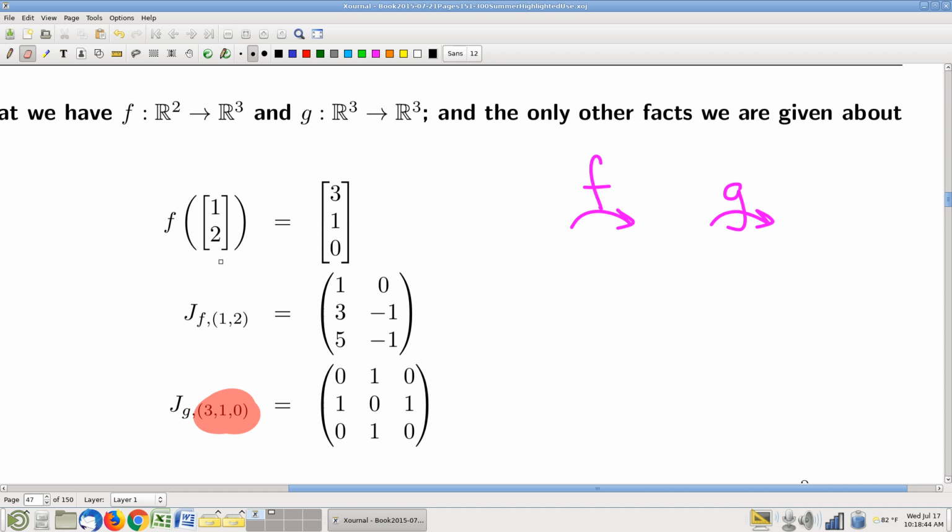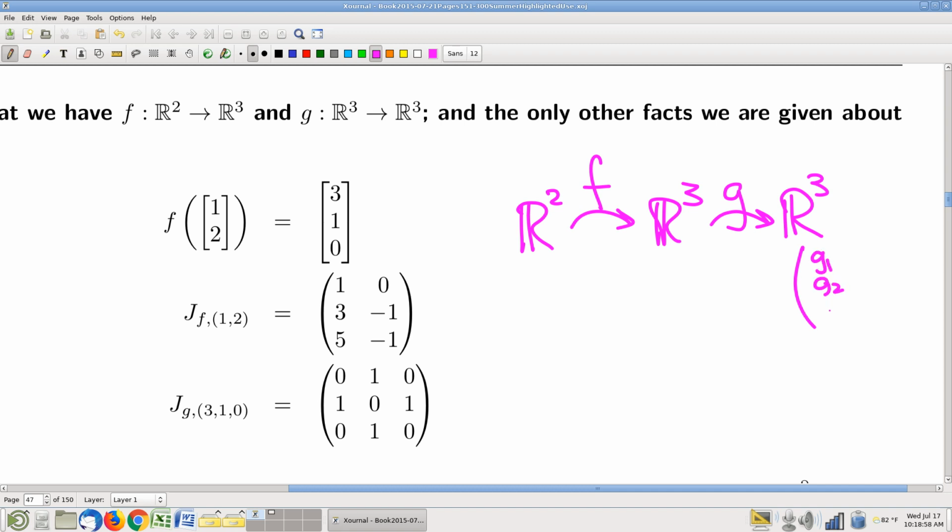Okay. That said, let's put these puzzle pieces together. So this is R2 to R3, which then goes to R3. Now, as we just noted, I'll say these variables are G1, G2, G3, and I should have written that in the statement of the question. Apologies. And over here we have variables x1 and x2.